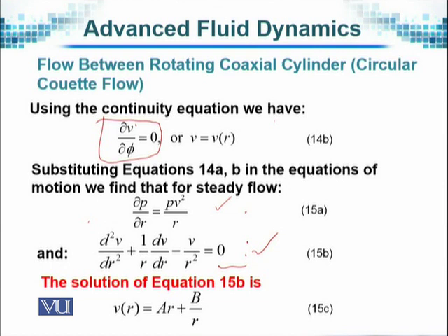As a standard procedure, since this is all depending on r, we shall integrate it twice because there is a second derivative. This was a partial derivative, but since it's only dependent on r, we will write it as a total derivative. We integrate it, and since the differential equation is of order 2, in the solution two arbitrary constants A and B occur.